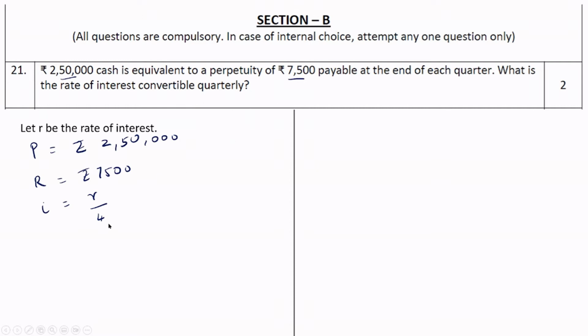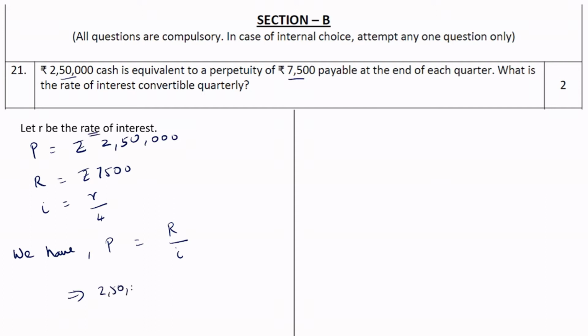So i is equal to R by 4. So we have the present value of perpetuity P is equal to R by i. If we substitute each of these values, we will be able to find the rate of interest R.